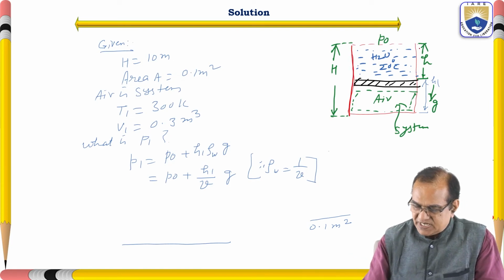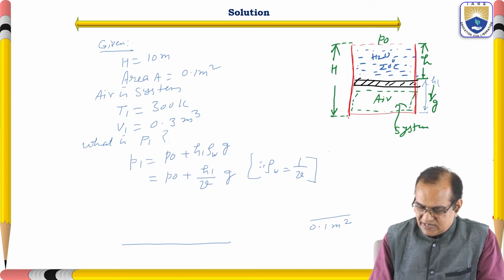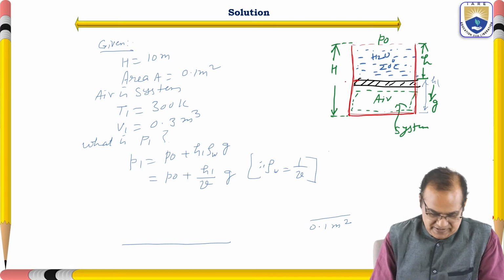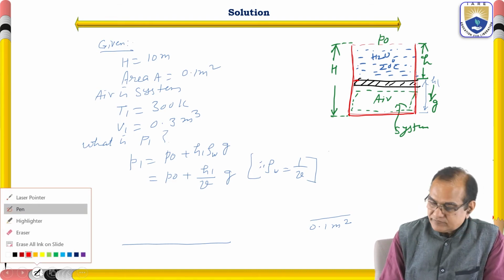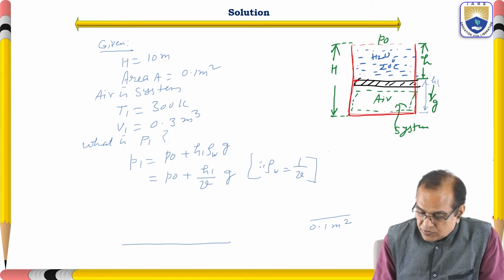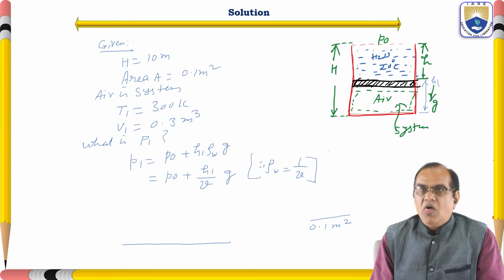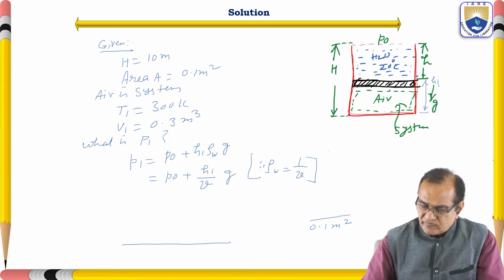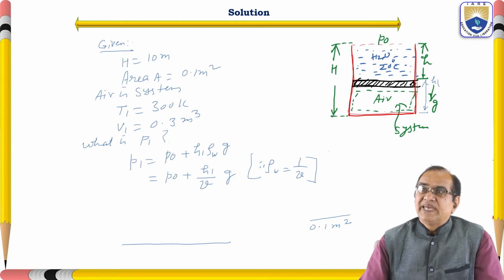This is the piston, this is the cylinder, and here is the piston. Above the piston we have the water, and this water temperature is atmospheric, 20 degrees centigrade, and above that we have the atmosphere, P naught is equal to atmospheric pressure.